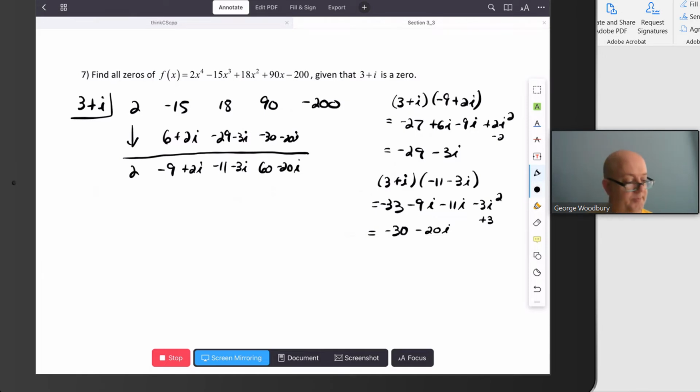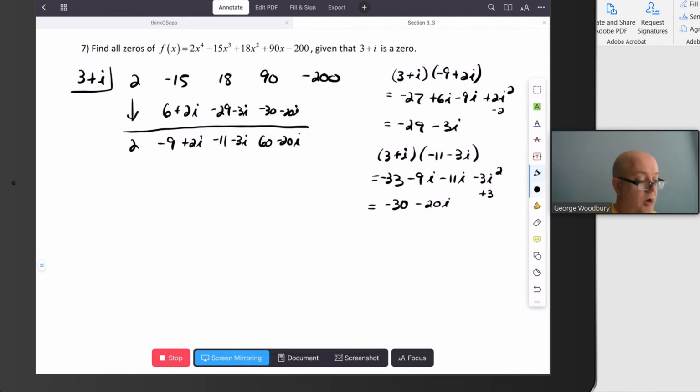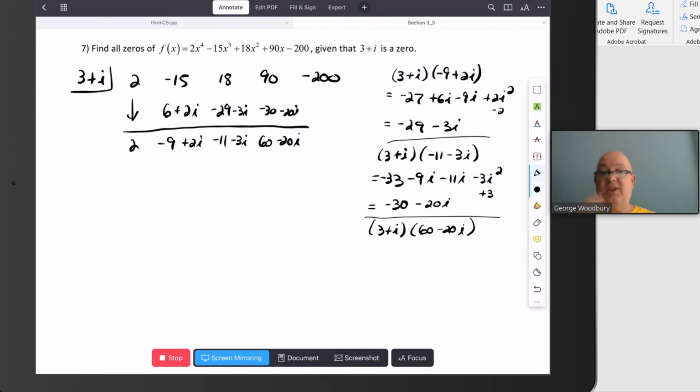One more product to do. 3 plus i times 60 minus 20i. Now, this should give me a positive 200 because I need to get a remainder of 0 or it's not actually a zero, and I was told that it was. 3 times 60 is 180. 3 times negative 20i is negative 60i. i times 60 is plus 60i. i times negative 20i is negative 20i squared.